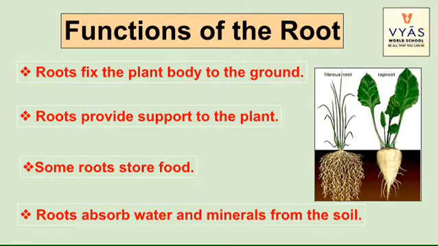The fourth function of the root is that root absorbs water and minerals from the soil and passes it to the stem. So these are all the functions of the root.